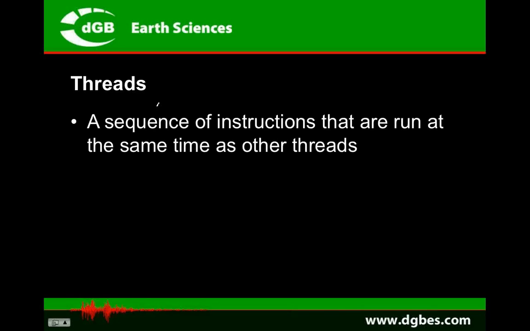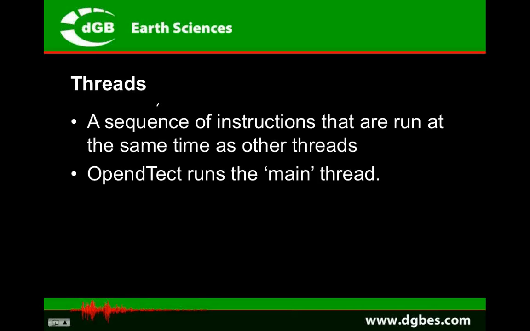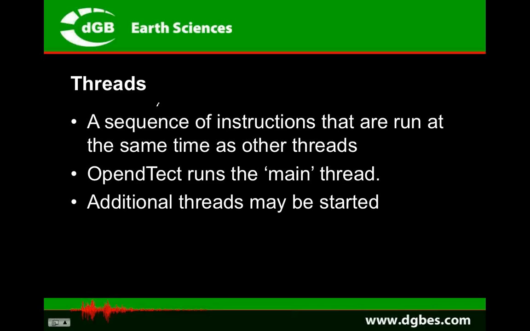There are a couple of tools for that in OpendTect, and let's start with how to start things in parallel. For that we have threads. And a thread is really a sequence of instructions that are run at the same time as other threads. OpendTect has one thread which is called the main thread, but we can essentially add any number of threads to the system, and they will all run in parallel up to the number of processors that we have on the machine. If we create more threads than we have processors, well, then it will start scheduling them, and they will not all run at 100% all the time.